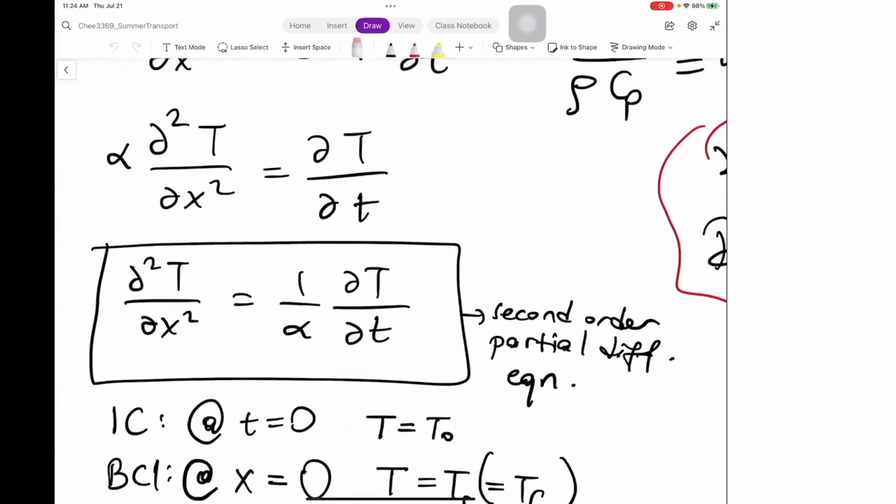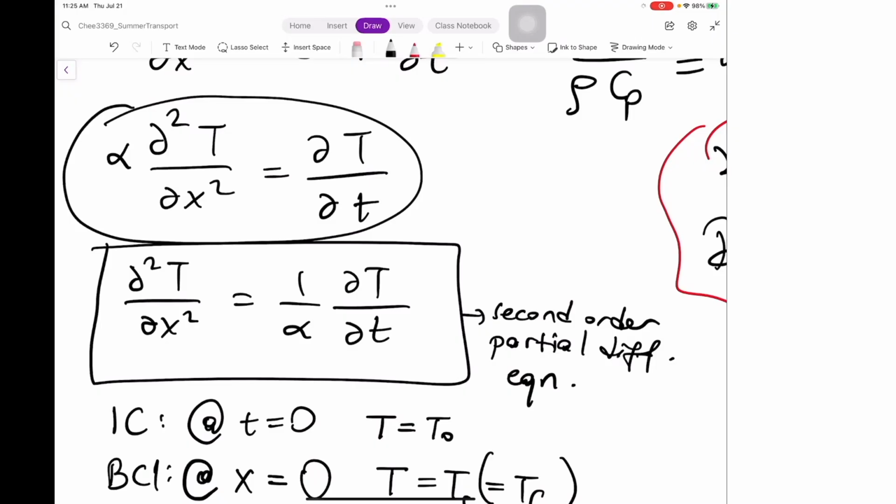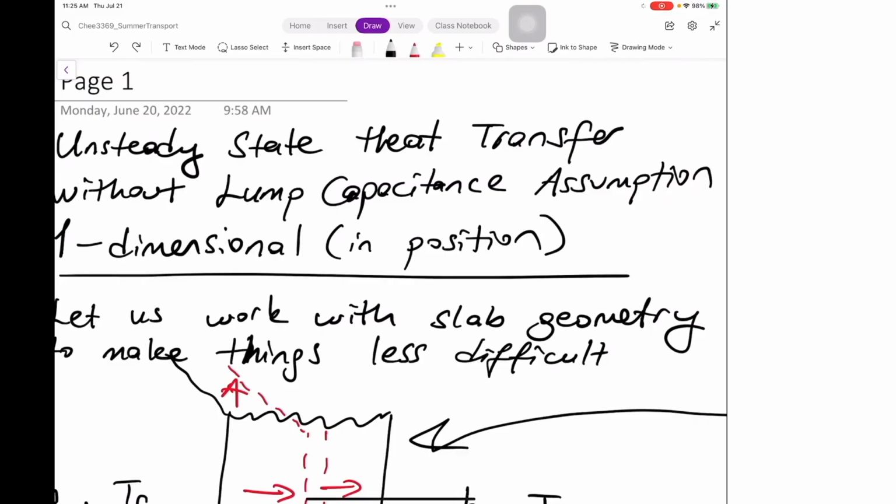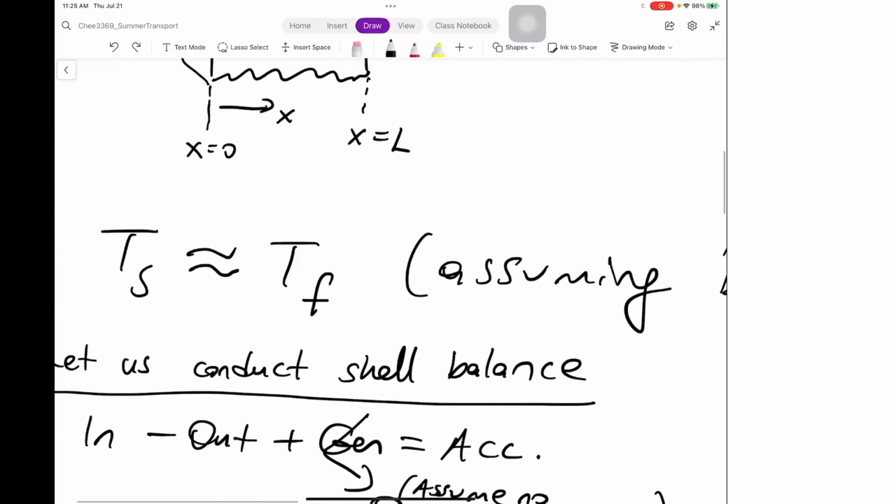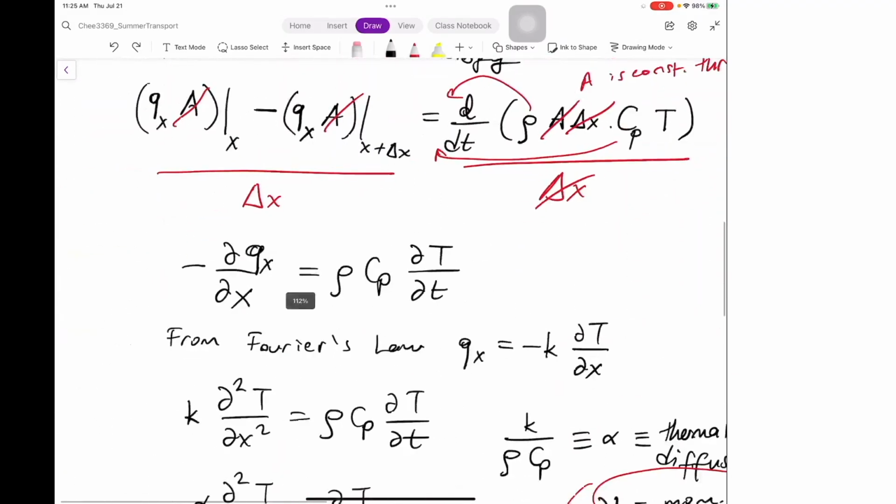See, you have the second derivative of the temperature equals 1 over alpha, which is diffusivity, times the first derivative of the temperature with respect to time. Well, actually, the formula that we obtained looks like this one. Instead of alpha, we have the diffusivity here, but again, it's still a diffusivity. Alpha was thermal diffusivity.